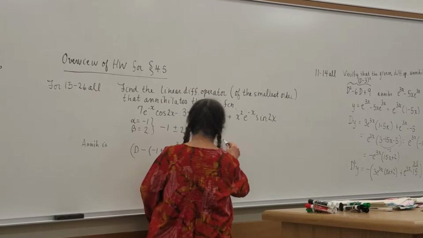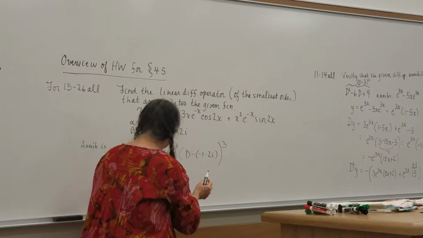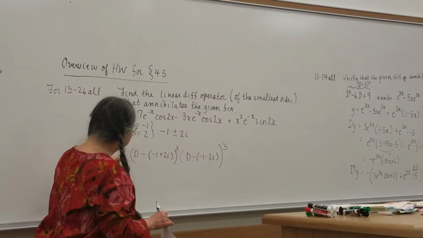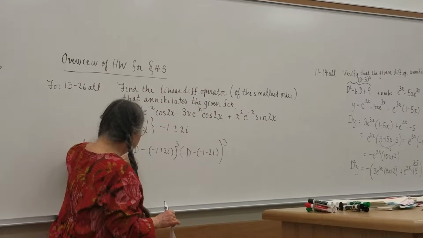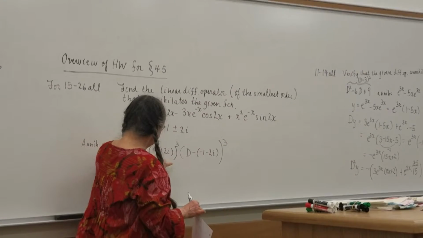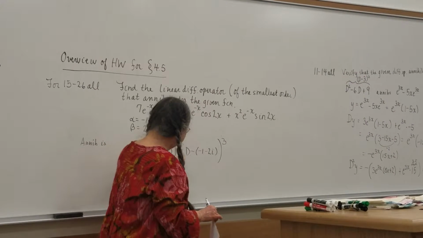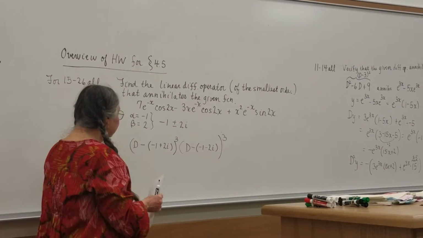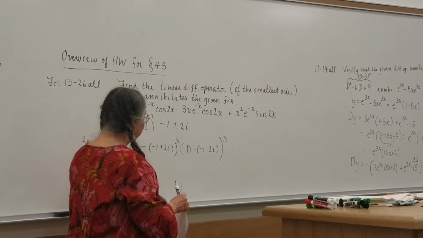So you want this cubed and you want that cubed, because of this x squared, so you have to go up 1. Let me make sure I got enough parentheses. This one matches that one, and this one matches that one. Yeah, that looks okay.